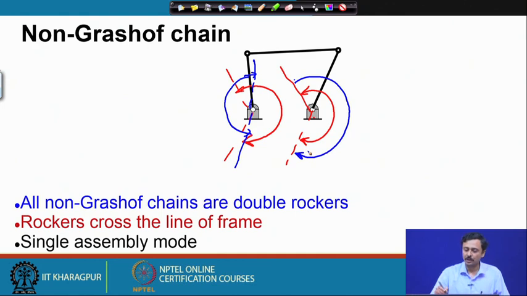So, one of them is called in-out or out-out, and in-in. So, you can have 3 possibilities, but all of them are double rockers and they have a single assembly mode.